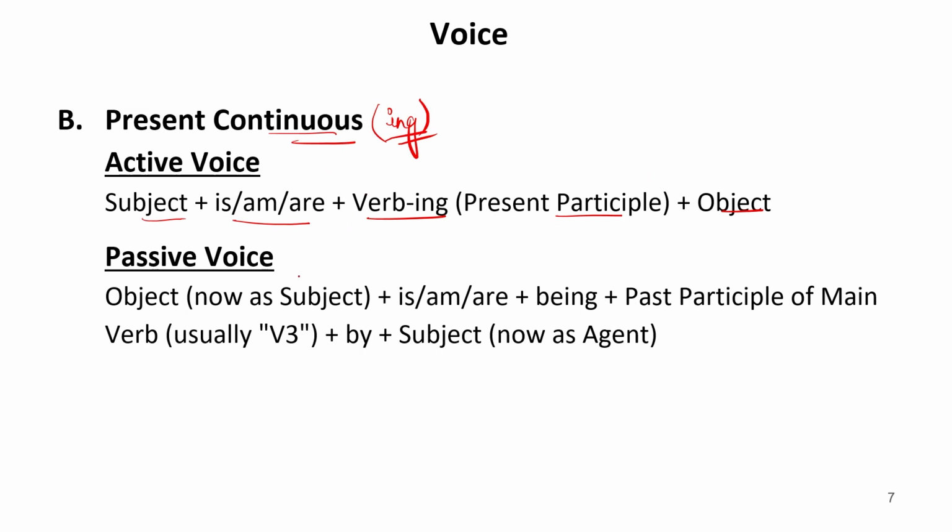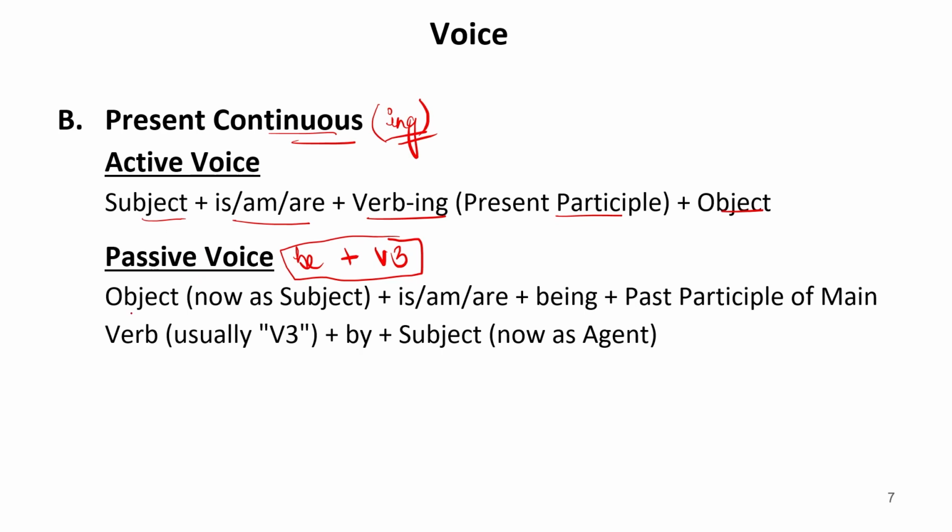Now, if we convert this into passive voice, the requirements of passive voice are, first we have the be form and then we have verb third form. So we should keep both requirements in our mind, the requirement of present continuous tense and the requirement of passive voice. In continuous we need ing, whereas in passive voice we need verb third form. Now, to overcome this situation, we use being in this sentence.